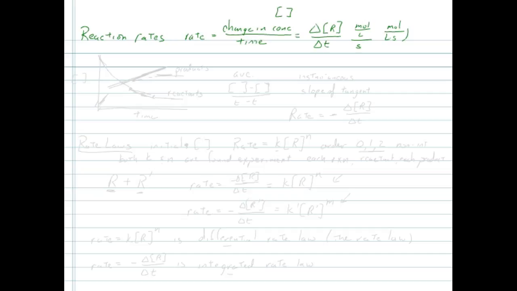If you were to graph concentration versus time, initially you have zero products because it hasn't started, you haven't made anything yet, and you have a high concentration of reactants.